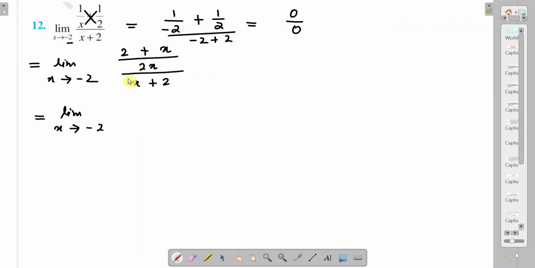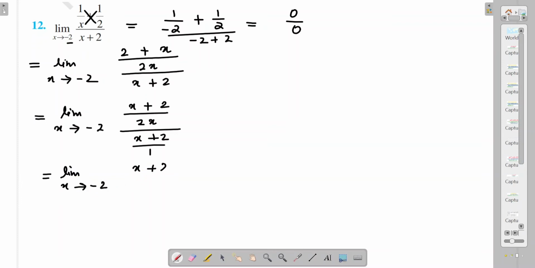So what we have got is this, right? Now we have to simplify. So x plus 2 divided by 2x, and that is divided by x plus 2, and that we can write as divided by 1. So we will get limit x tends to minus 2 of x plus 2 by 2x multiplied by, see, this x plus 2 divided by 1 we can write in the numerator, and we will get 1 by x plus 2.